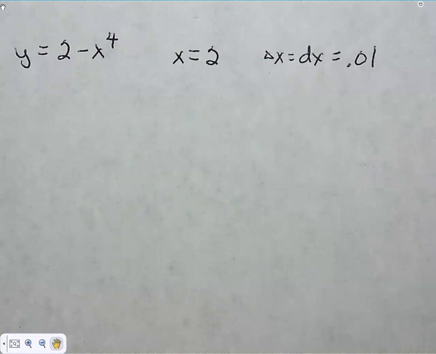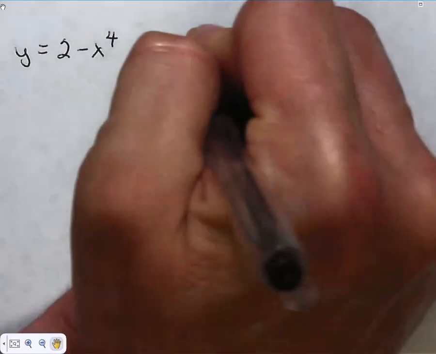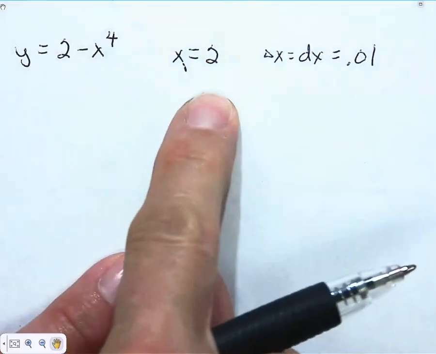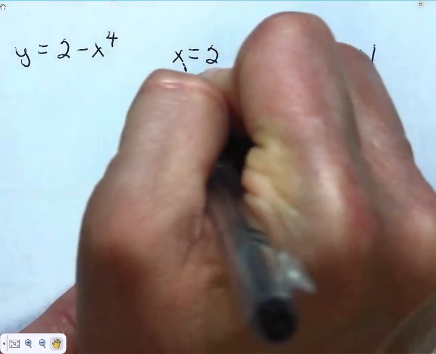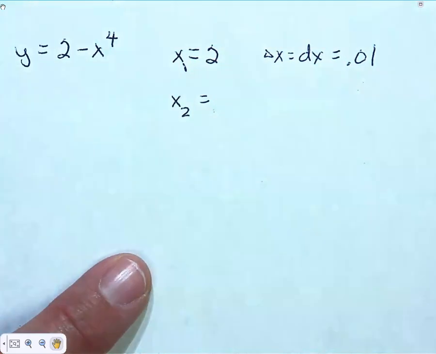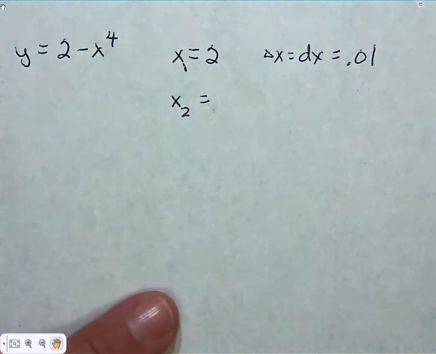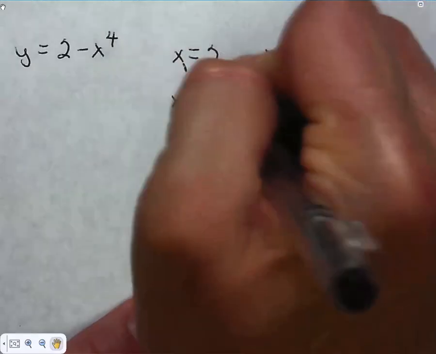I don't know the actual change in y. I can find it just by saying if the first x is 2 and the change in x is 0.01, what's the second x going to be? 2.01.